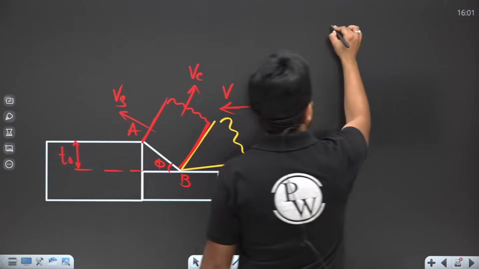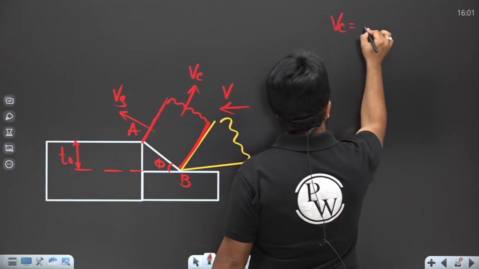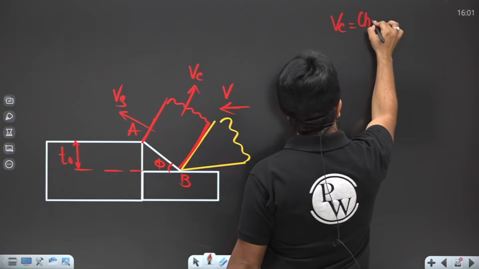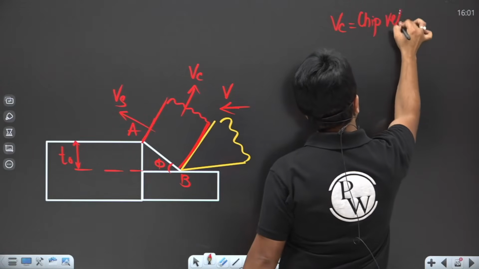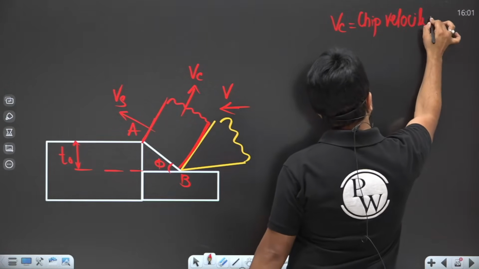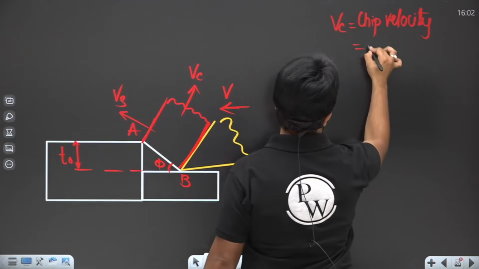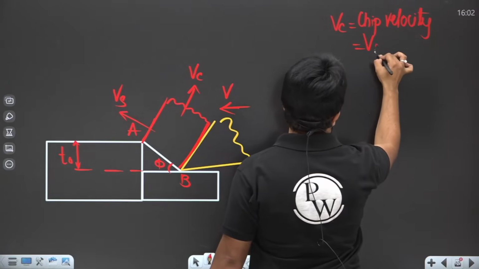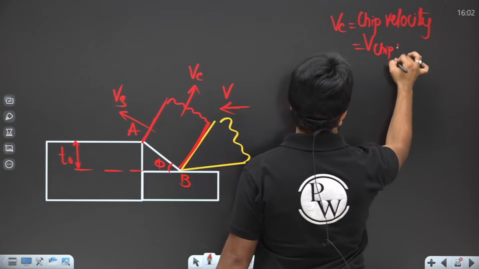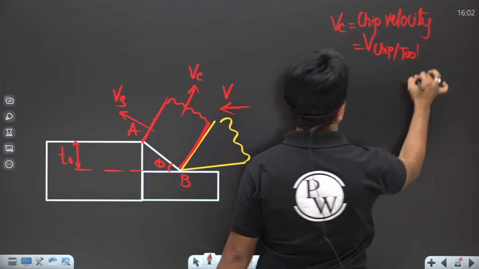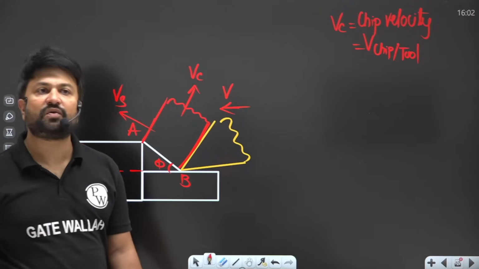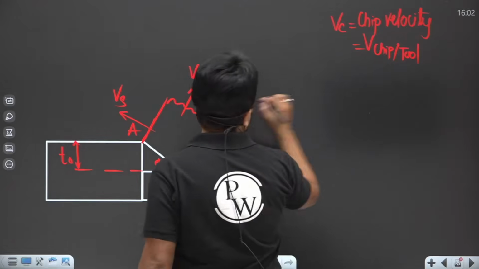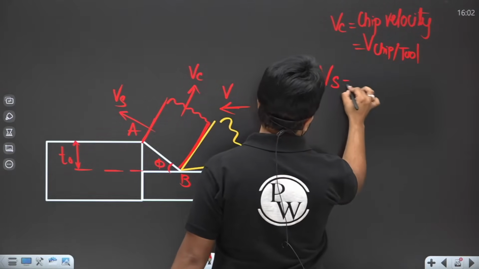My dear, what is VC basically? VC is the chip velocity, the velocity of the chip with respect to the tool. Vs is the shear velocity.